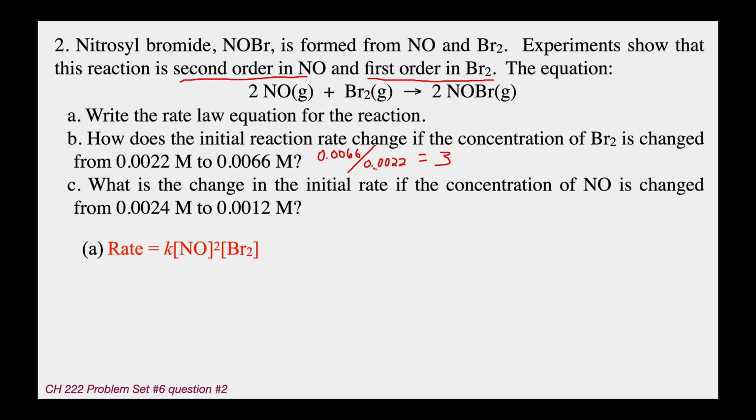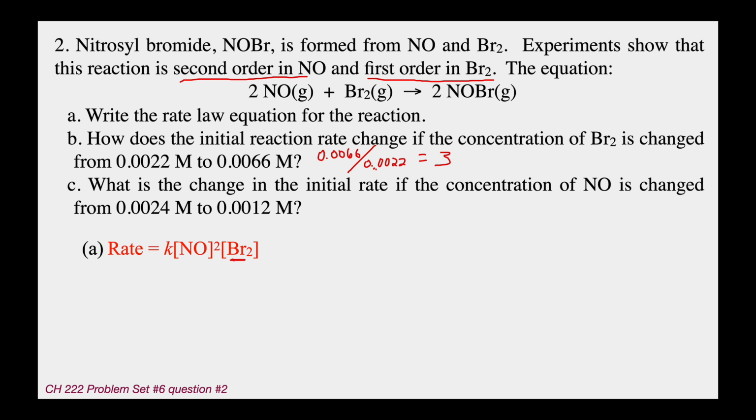So we're going from the 2 to the 6 value. That's increasing the concentration by 3 times. If you start changing the concentration, you will change the rate. And we know that because bromine is one of the parts of the rate law. And essentially what we're doing here is we're increasing the bromine, the part in square brackets, by 3.